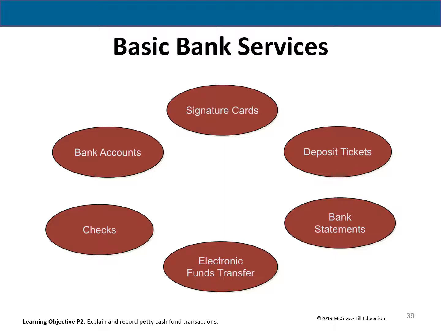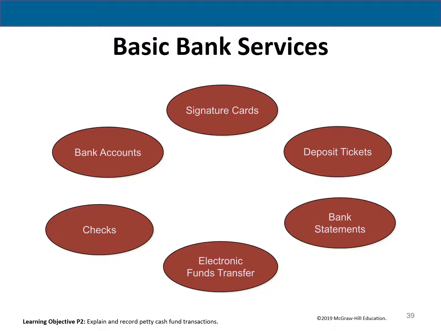Okay, so with regards to our checking account, we have all kinds of internal controls already within it. Things like signature cards. Only people who have signed a signature card at the bank are authorized to sign checks or do activity within the checking account. Deposit tickets keep a running record of deposits made. Bank accounts themselves are just a protection of cash and internal control.